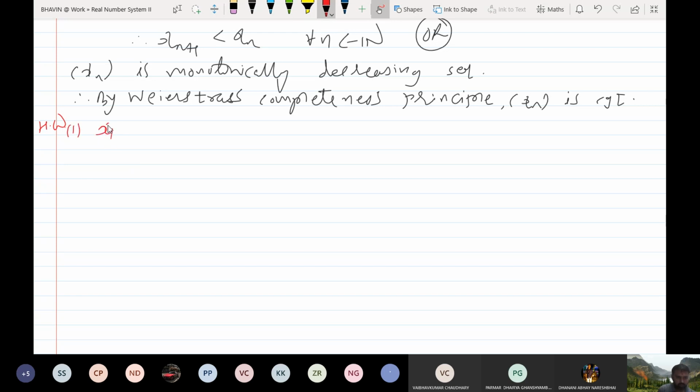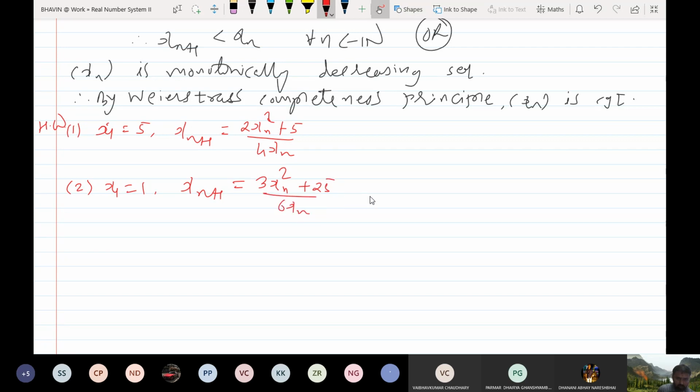So first one is this, x1 is given equal to 5 and xn plus 1 is equal to (2xn square plus 5) upon 4xn. Second one is this, x1 is 1, xn plus 1 is (3xn square plus 25) by 6xn.